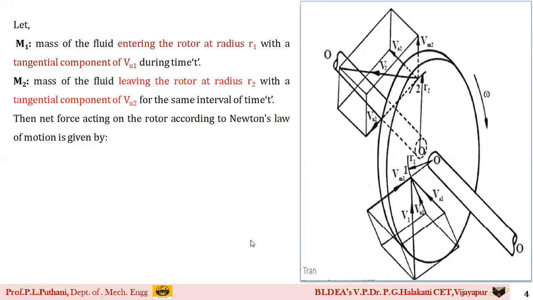Let us see. The first important thing is at point number 1.